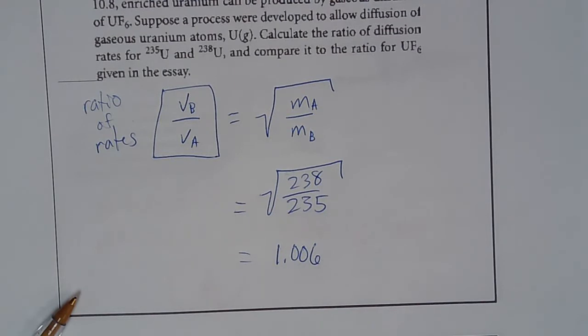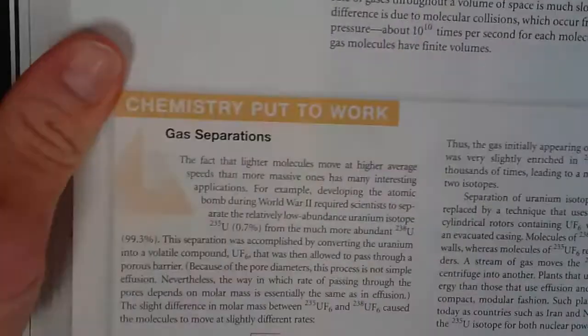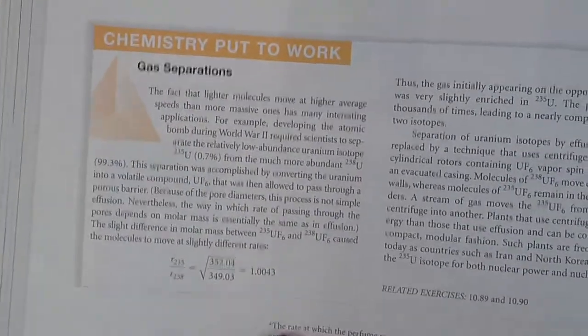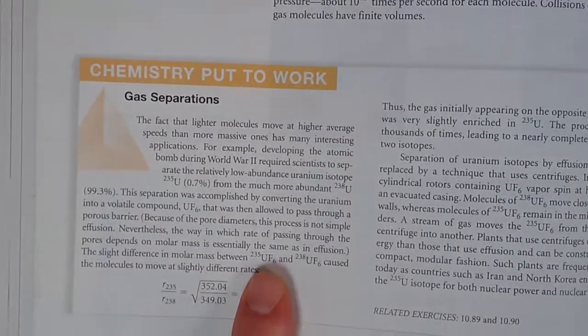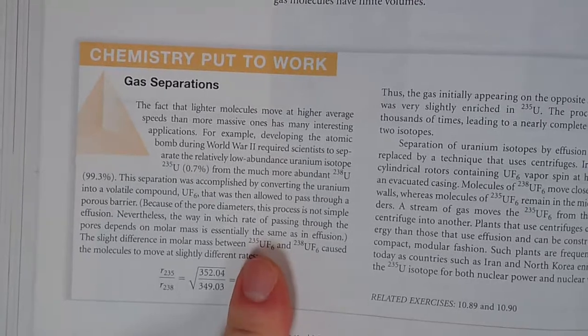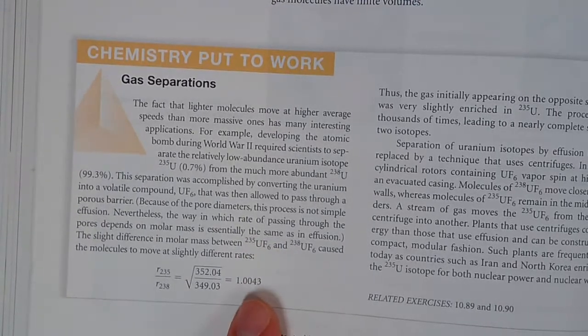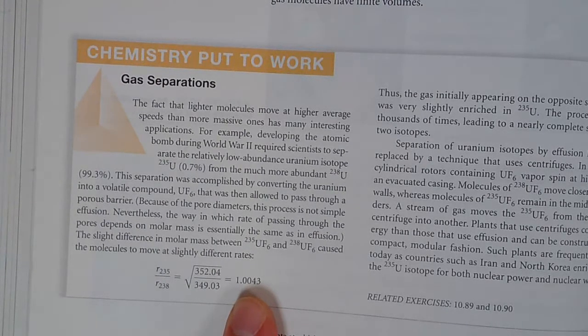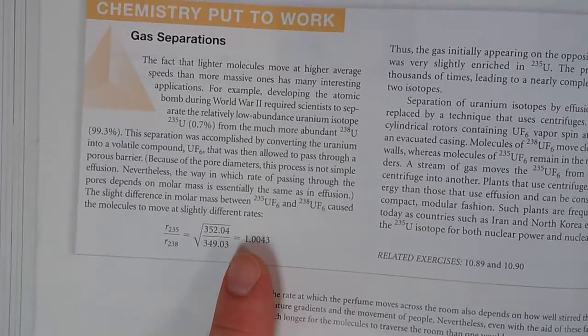All right, 10.8. And somewhere in here, chemistry put to work. There it is. All right, so if you have the fluorine added onto it, it's 1.004 instead of 1.006.